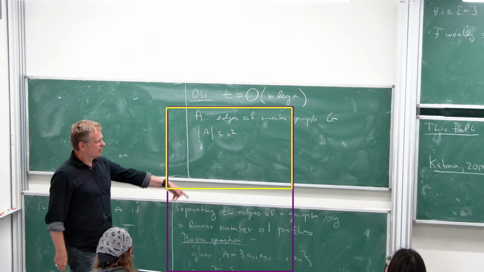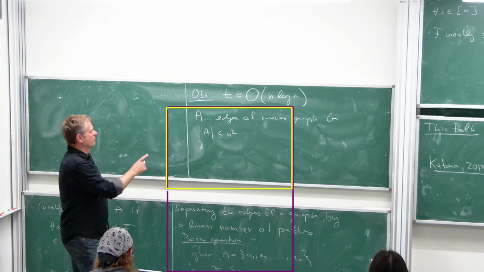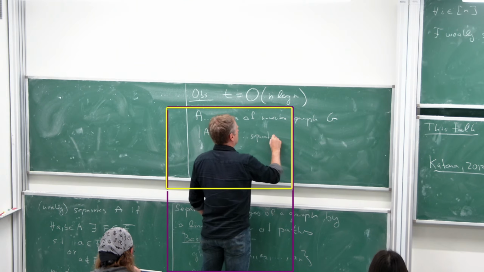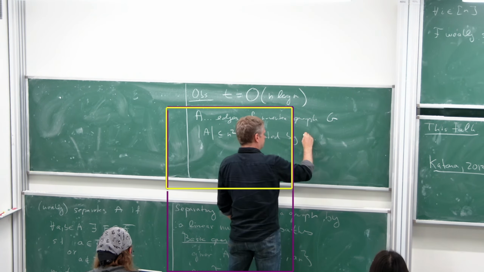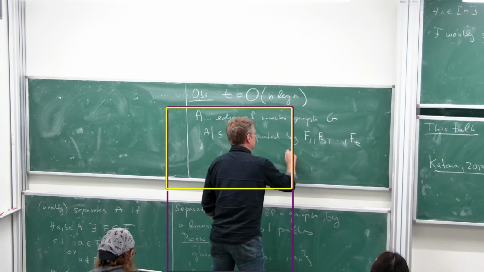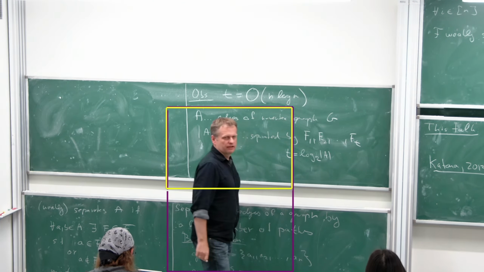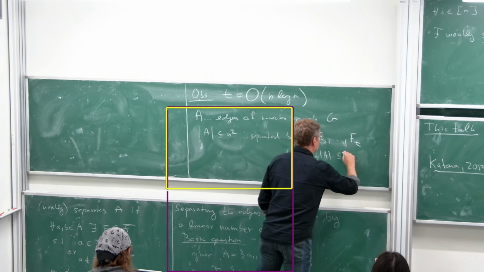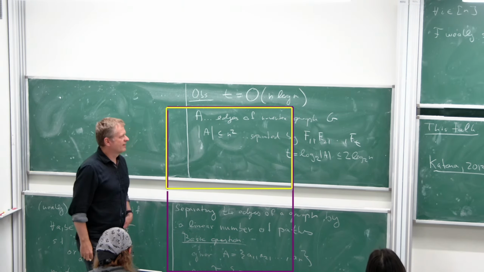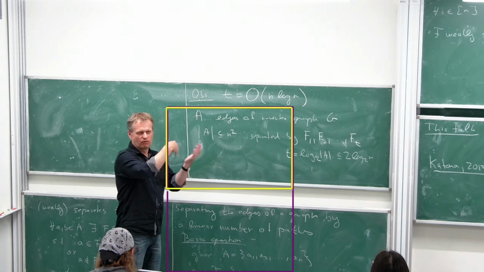So regardless of which of these results we introduced, we know that these edges can be separated by some set of edges where t is of order log 2 of the size of A. And so this is bounded by, let's say, 2 times log 2n.